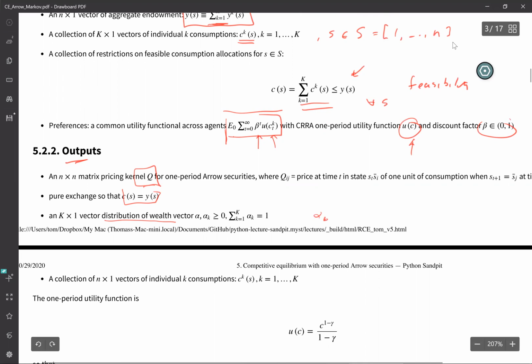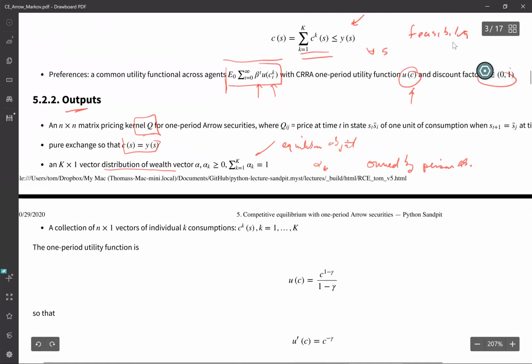Alpha sub k is the fraction of wealth that is owned by person k. And those fractions are going to add up to 1. And one of the things that we want to determine, this is an equilibrium object. Okay. And then we're going to have a collection of consumption. We're going to have a consumption allocation. So this is an allocation.